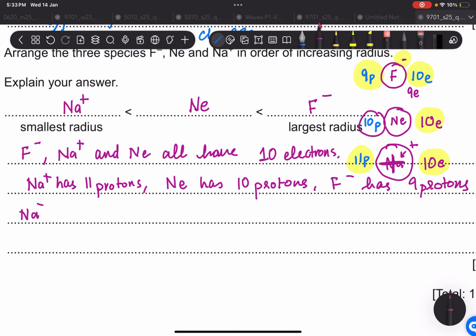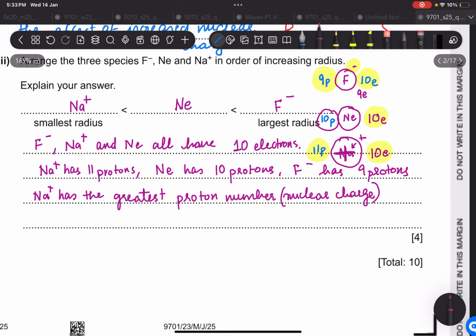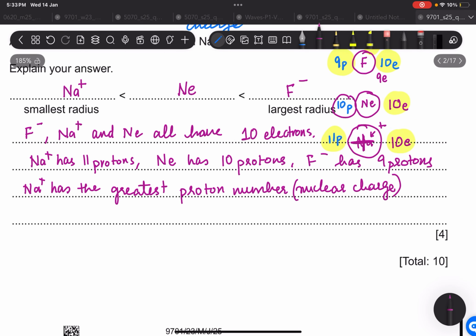Na positive has the greatest proton number, in brackets nuclear charge, which means it's going to push the electrons with more force, or attract the electrons inwards.